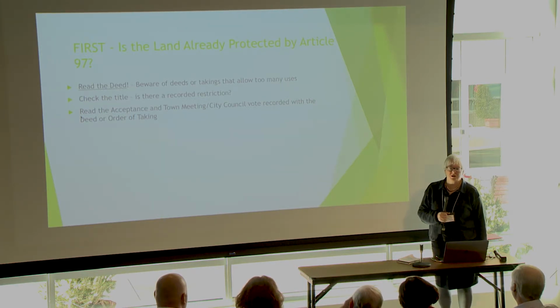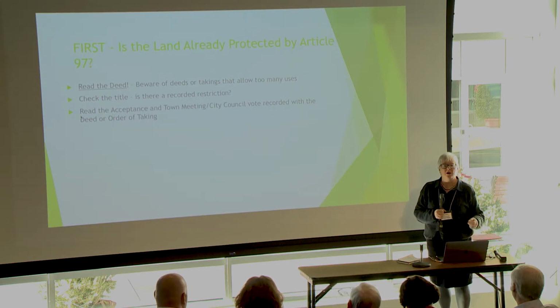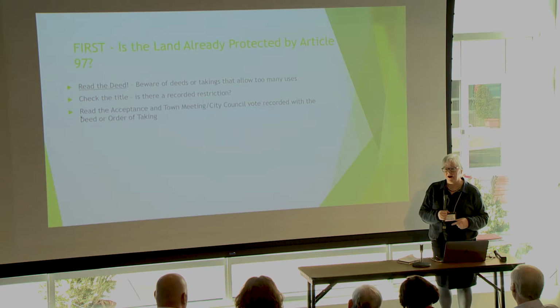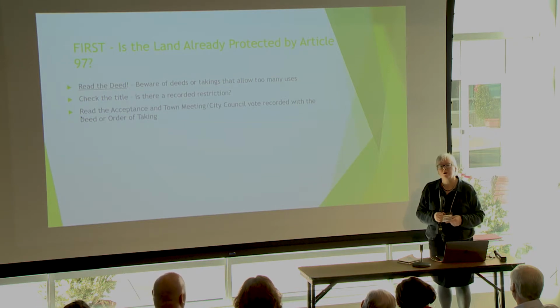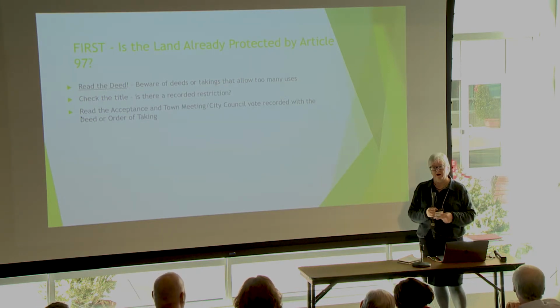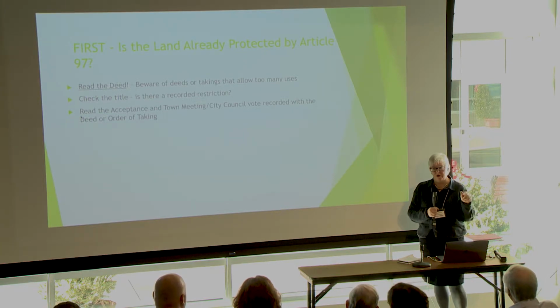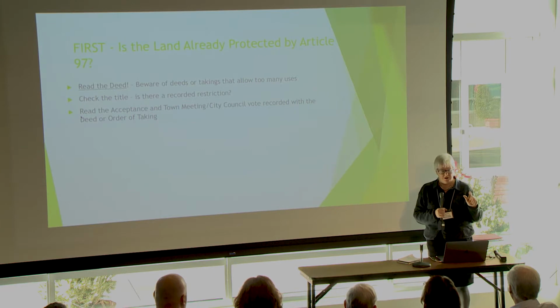Properties purchased by a town using CPA funds, and there are now 175 cities and towns that have CPA, if they buy land with CPA funds, they are required to put a restriction on record, either affordable, historic, or conservation. That is an obligation in the statute.